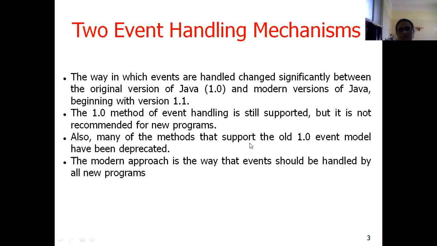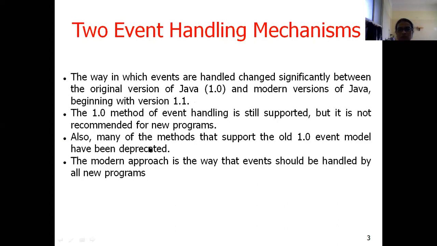Also, many methods that support the old 1.0 event model have been deprecated. The events created in the first method can be supported in the second mechanism also, but many of them are older, so you can make use of better methods.